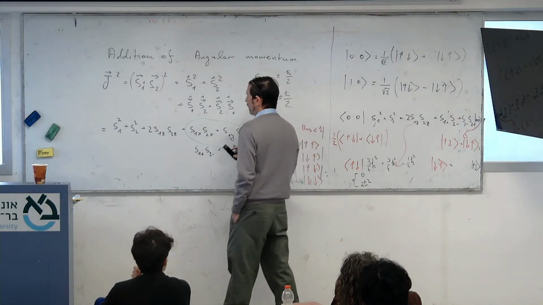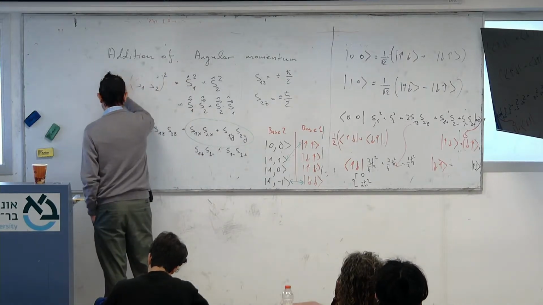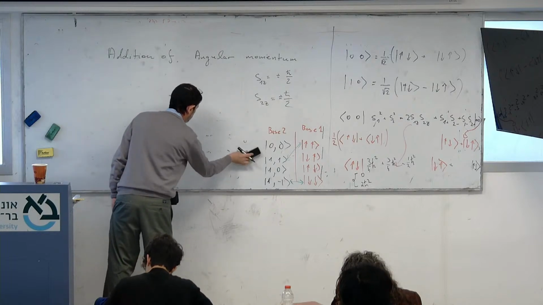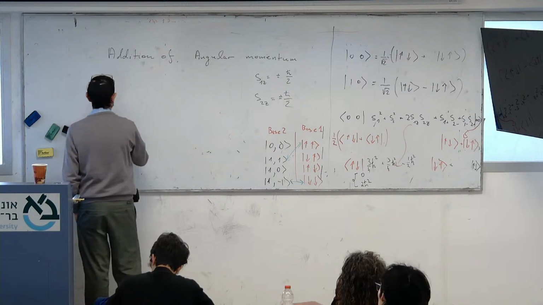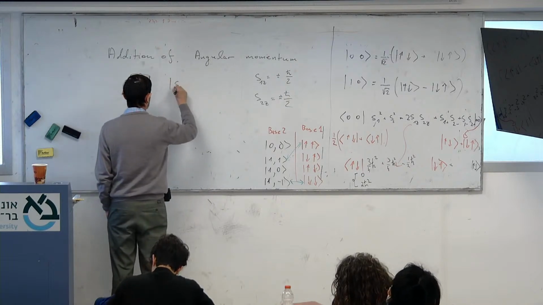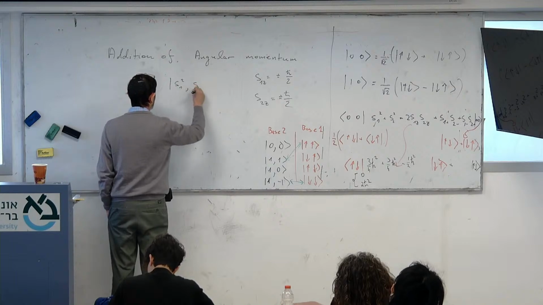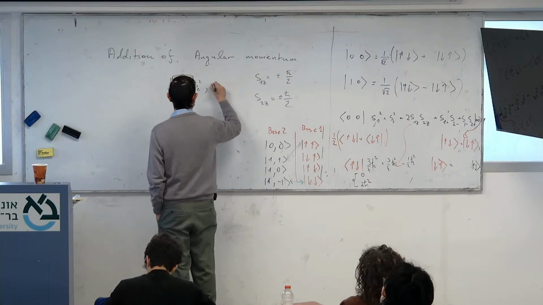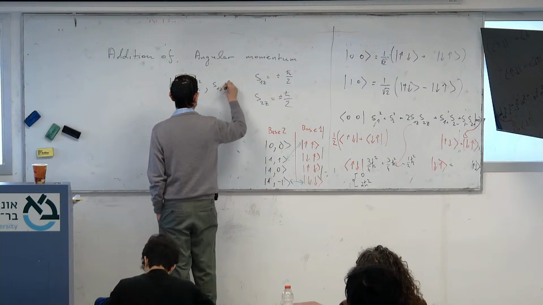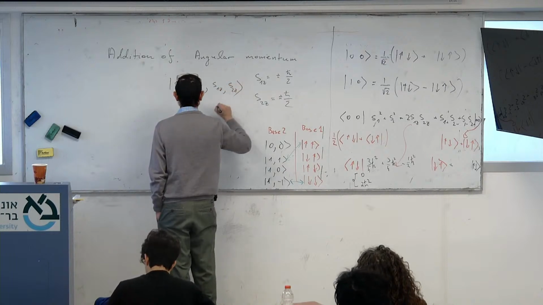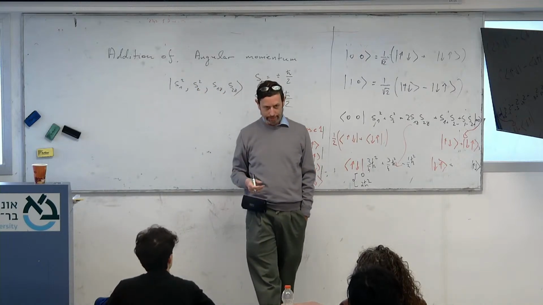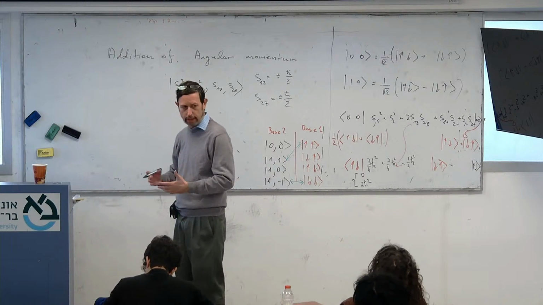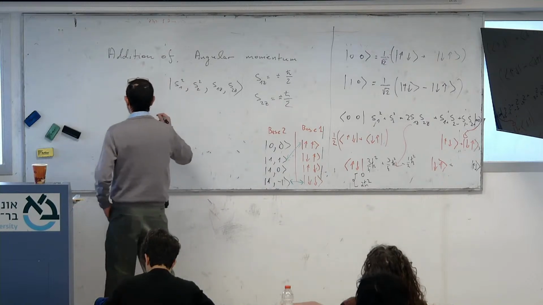Now, in general, no matter how large it is, meaning S and S1 and S2 could have been 7 halves, who knows?